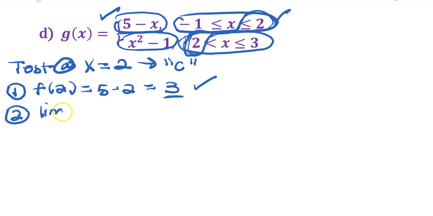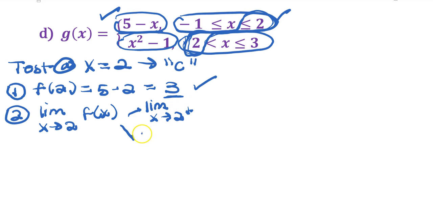Figure out the limit as x approaches 2 of f of x. Now, with every step function, we know that we need 2 different scenarios. We need to look at the limit as x approaches 2 from the positive direction, and the limit as x approaches 2 from the negative direction. Oops, that's a negative sign.